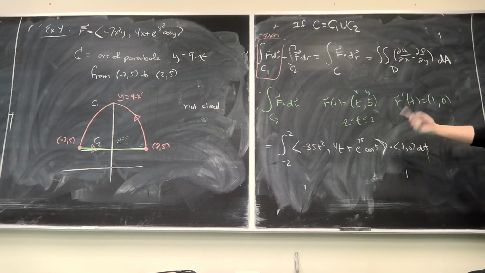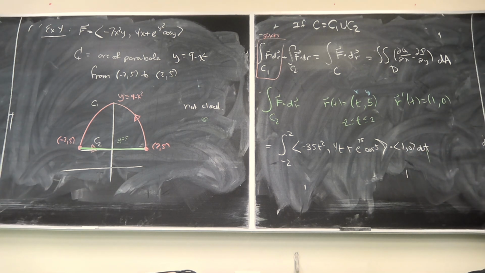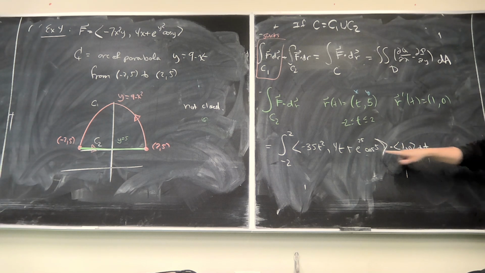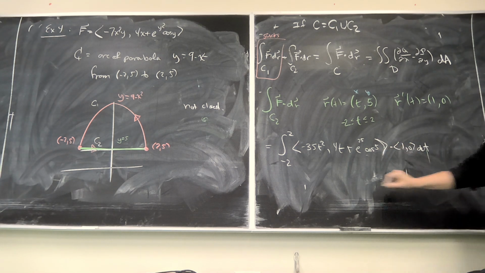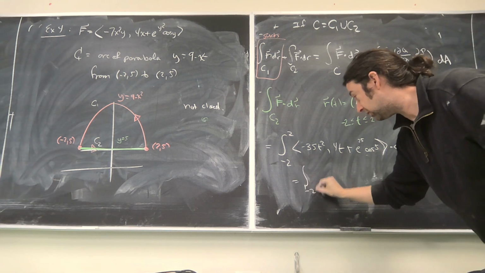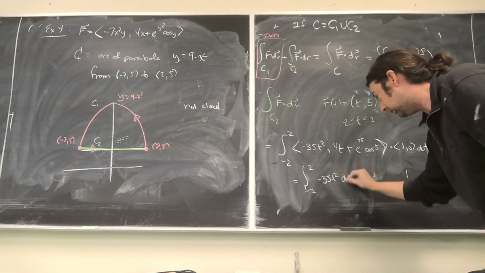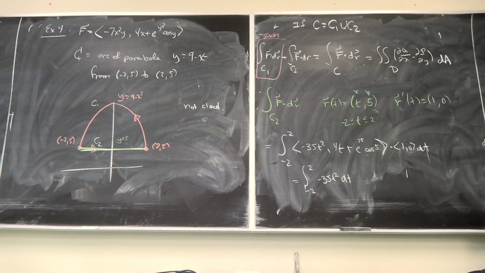This is the calculation of a line integral. And notice what that means is there's a 0 in that component, which means even though that's a constant, I don't even care. It's not there. 0 times something is 0. So this integral turns out to be the integral from -2 to 2 of minus 35t squared dt. And that's easy.